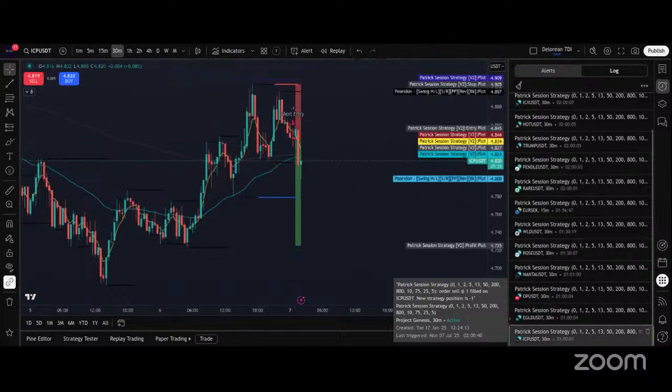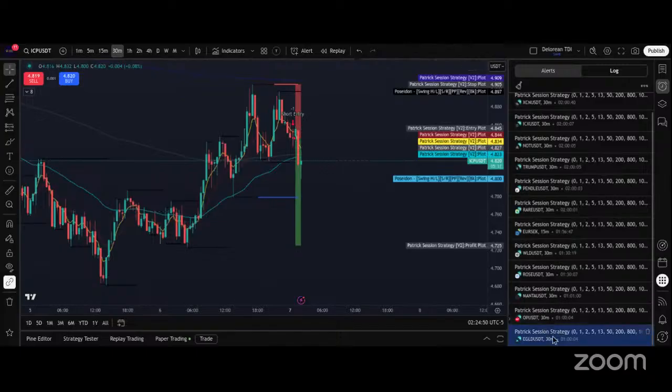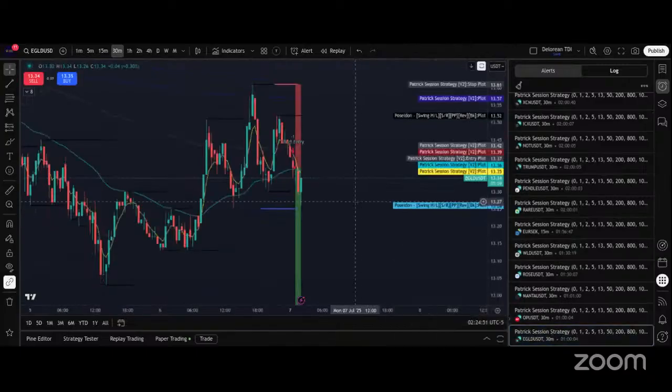ICP USDT, a little too far for us, but it is the perfect setup again. Blue on the top, gray in the middle, aqua on the bottom, red over yellow, and we see a sell-off for price. E-Gold versus Tether.